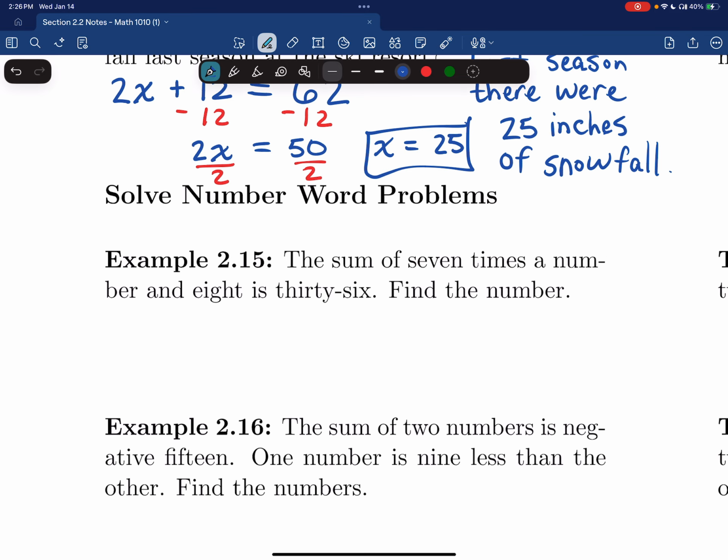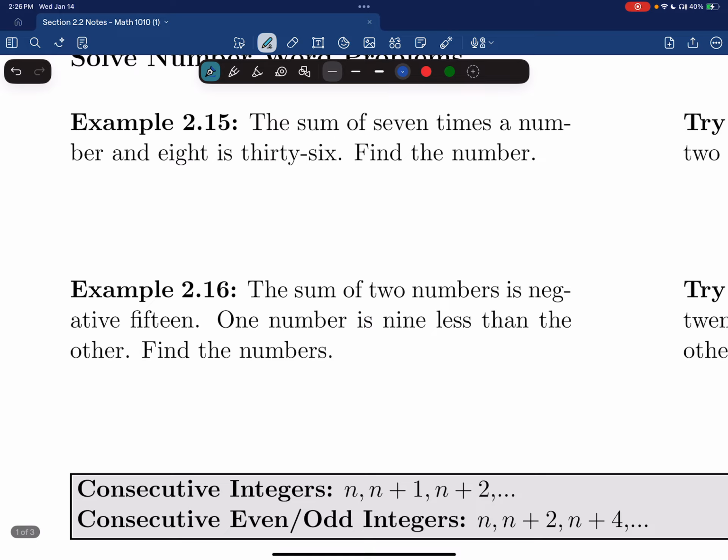Let's read example 2.15. The sum of 7 times a number and 8 is 36. Find the number. All right, underline key details that you read. Okay, so a sum of 7 times a number and 8. Let's go ahead and write that. So 7 times a number, let's call the variable n because it's our number.